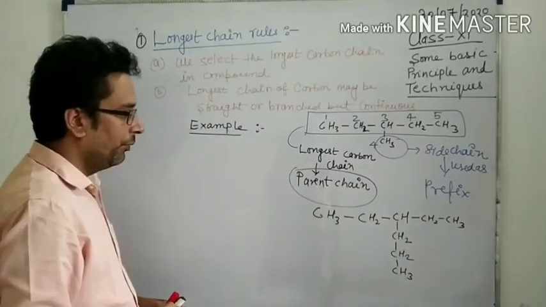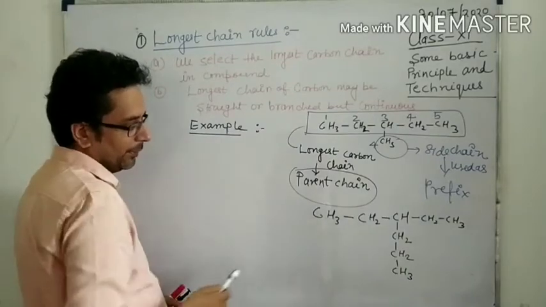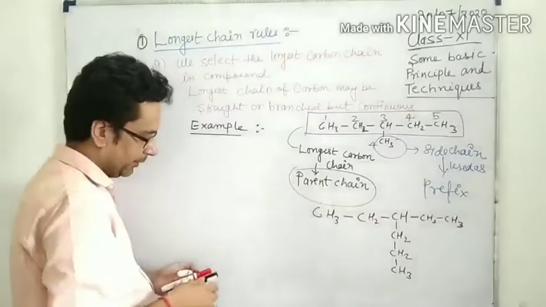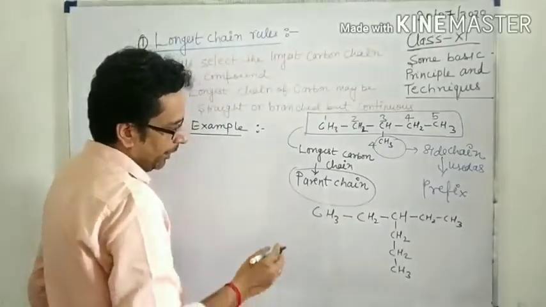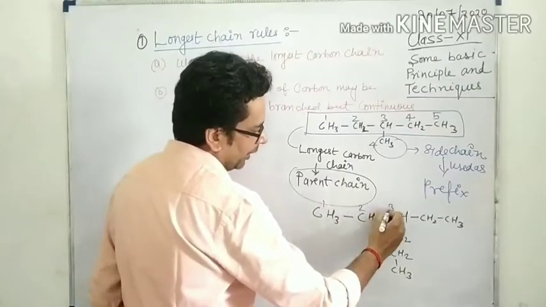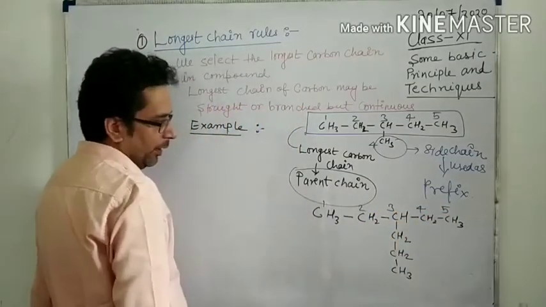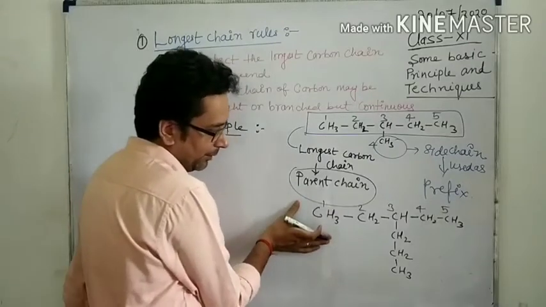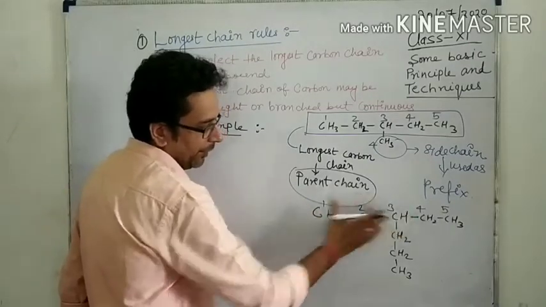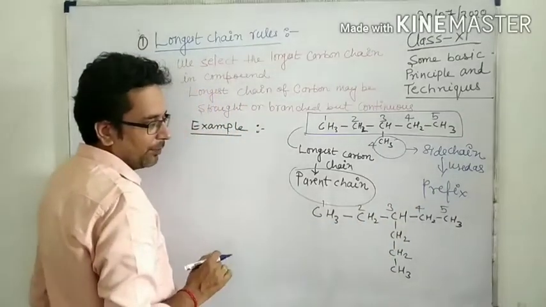Okay, now find the longest chain of carbon in this structure. So you give the number 1, 2, 3, 4, 5. Clear? First way by which we give the number. So if we give this way, then there is 5 carbon longest chain.